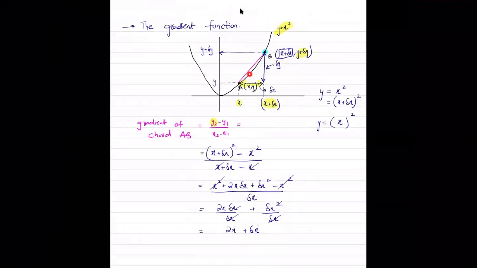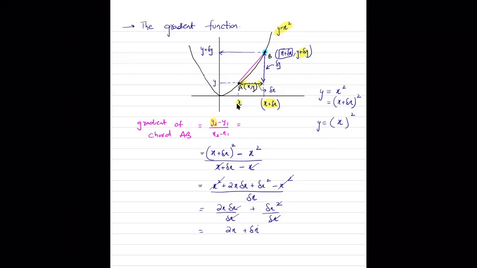Now, if I decrease the distance of this point B, would you agree that the delta x distance will be becoming zero at some time if point B is very, very close to point A? So there is the concept of limit.